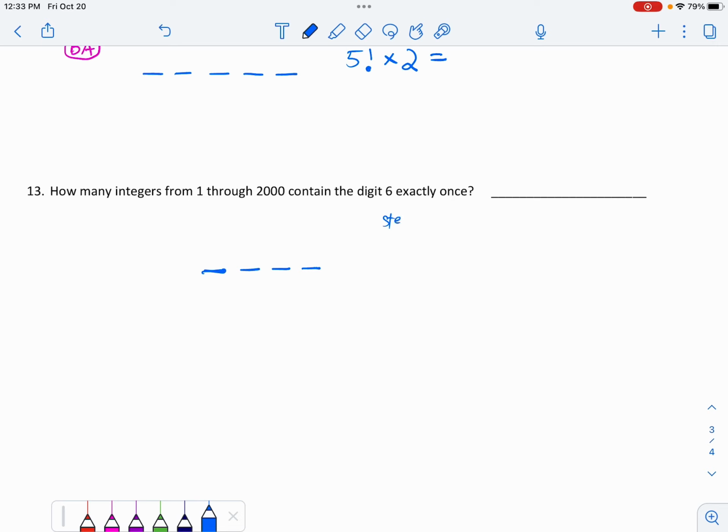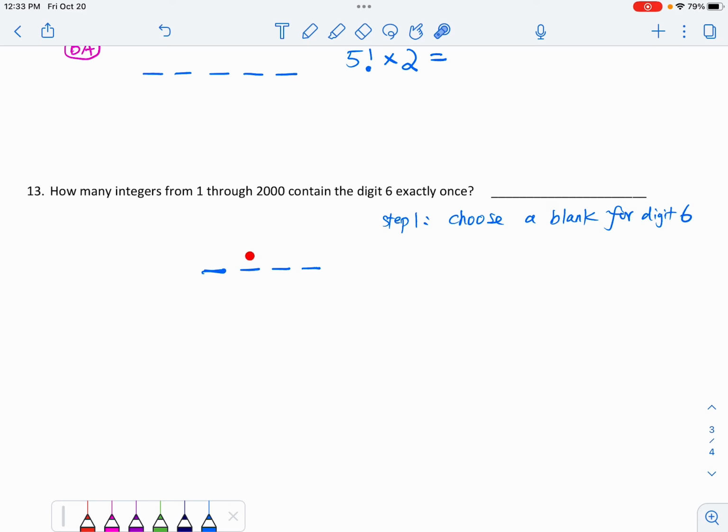My step 1 is to choose a blank for the digit 6. Obviously, 6 cannot be here, because we are thinking about integers from 1 to 2000. If 6 is in the first place, this will be more than 6,000, which is not in this range, right?